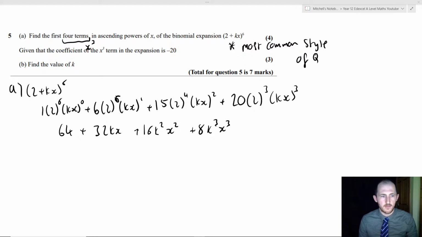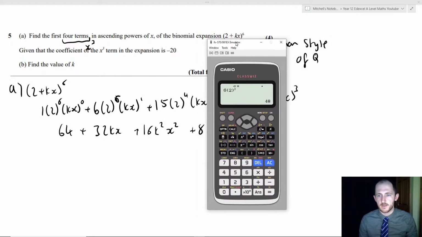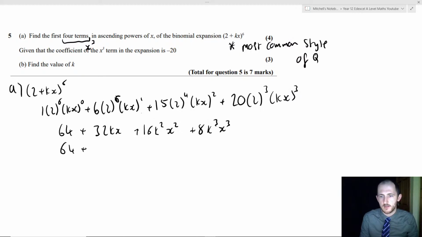So if we were to work out the actual values here, so again I'm just working out the powers of 2 initially. So to work out the full powers, you do that. So this would be like 192, for example. So 64.